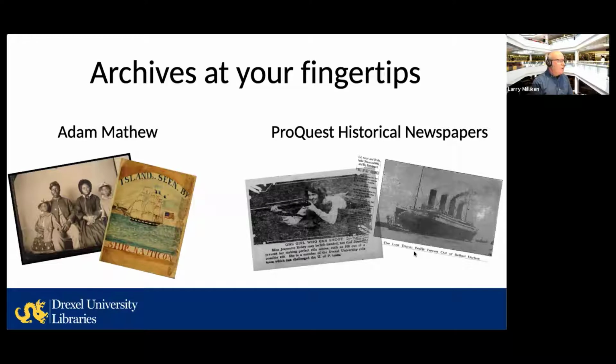So the first one I'll talk about is our Adam Matthew Digital Collections, digital archives. And then we'll also take a look at one of our ProQuest historical newspapers, which is another great tool that we have available for exploring how news was reported in the past. And these will be live demonstrations, as I said.